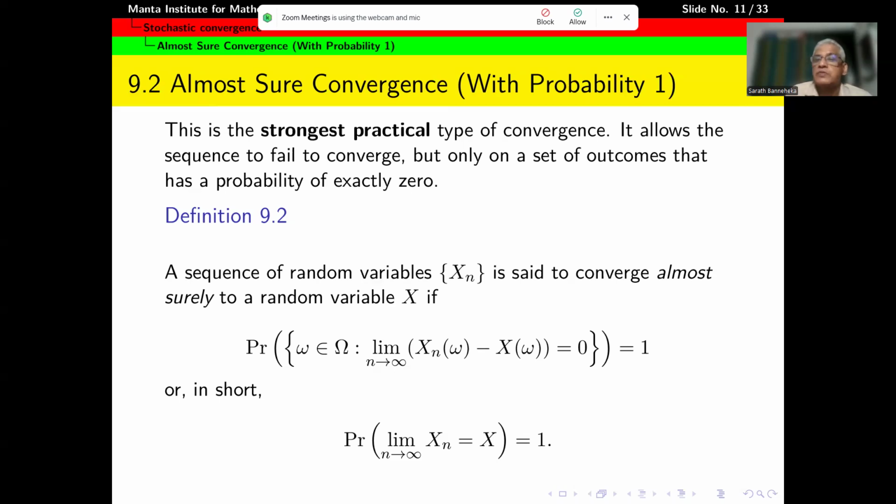So we consider that kind of convergence, and it is called almost sure convergence.